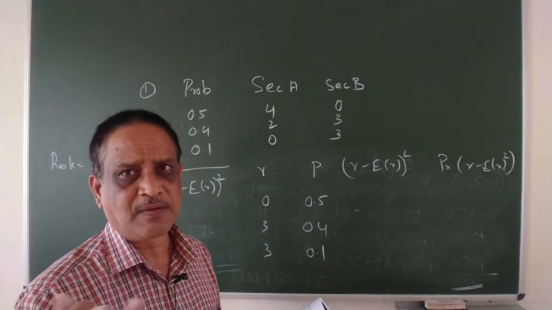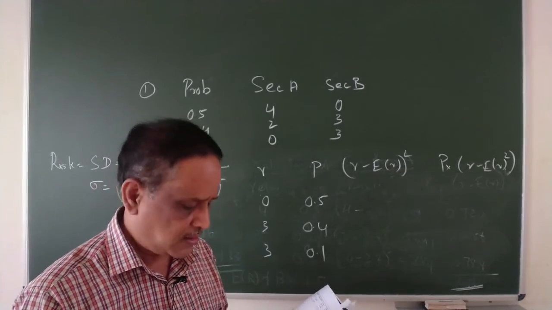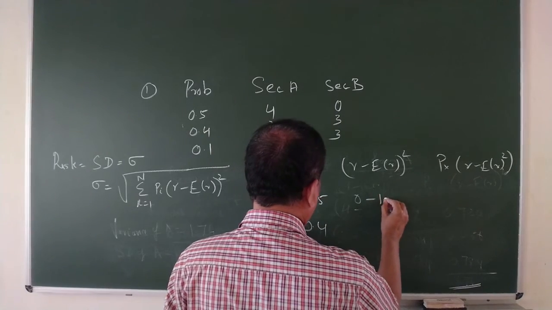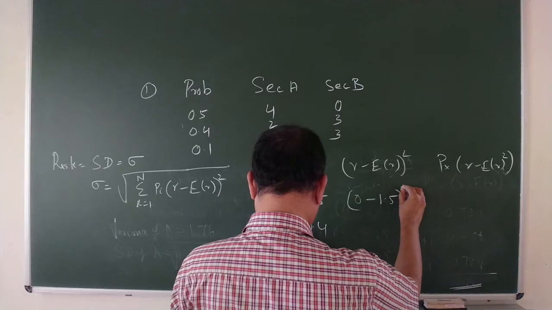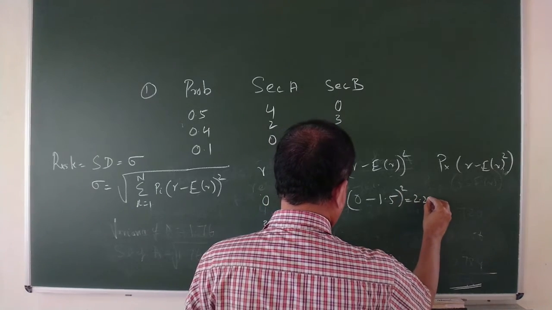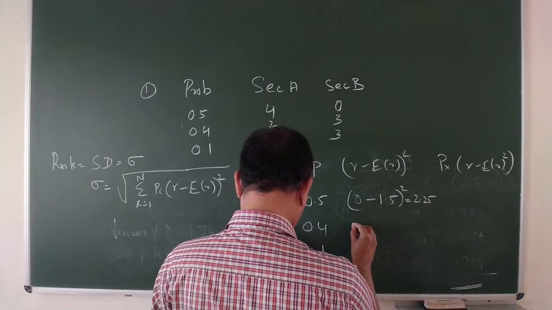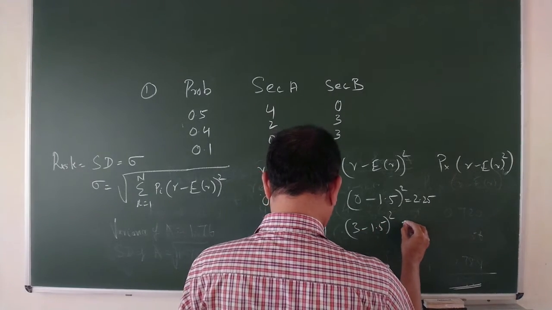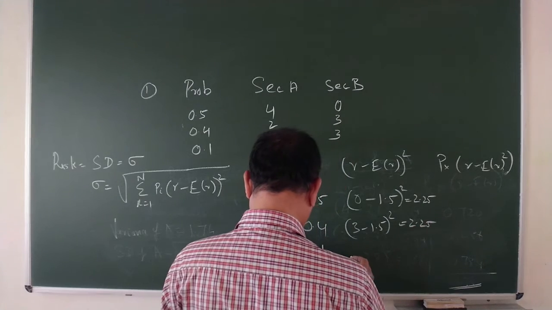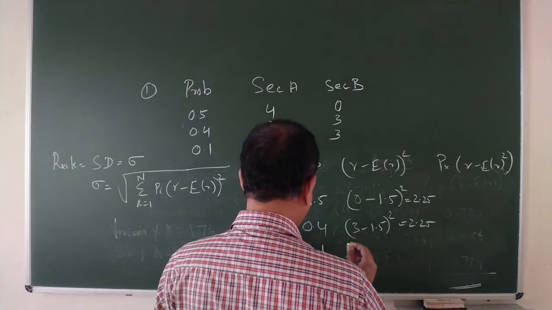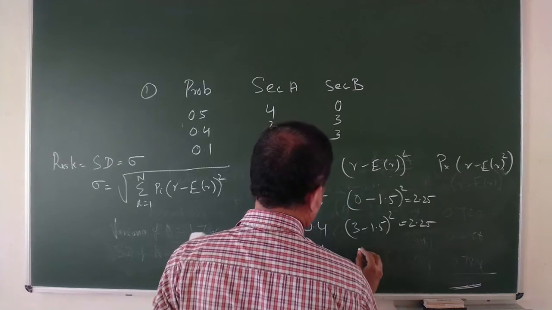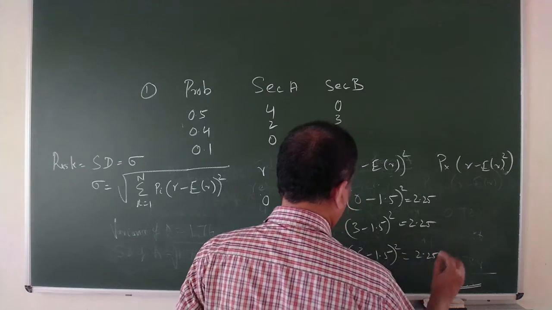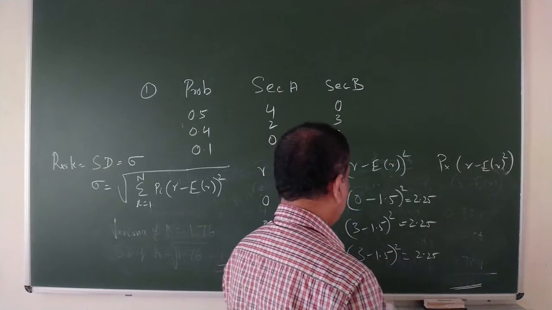So 0 minus 1.5 whole square is 2.25. Then 3 minus 1.5 whole square is 2.25, and again for the third, 2.25.